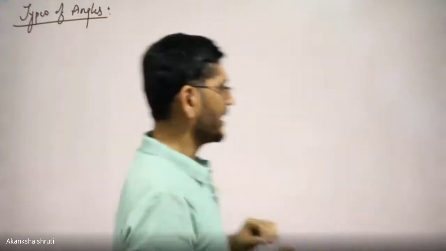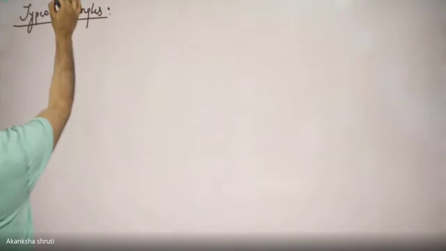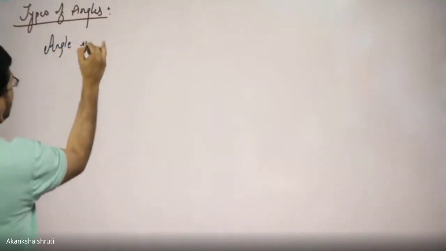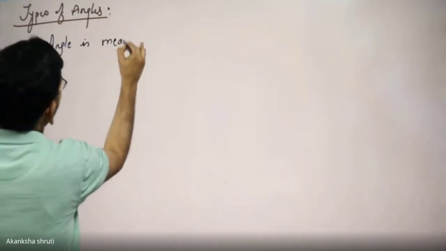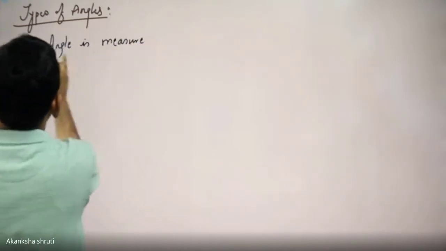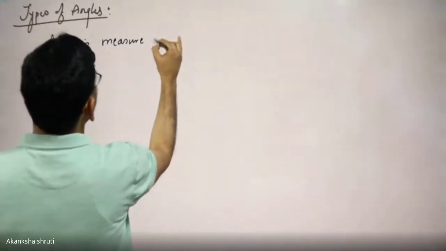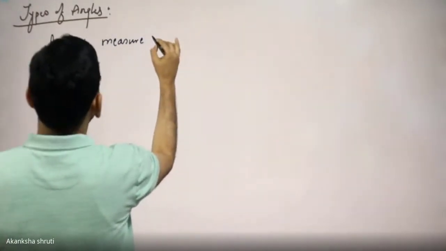Students, how are the angles measured? Just keep in mind, angle is measured in degrees. It is one of the quantities, so it has some unit. That unit is degree.